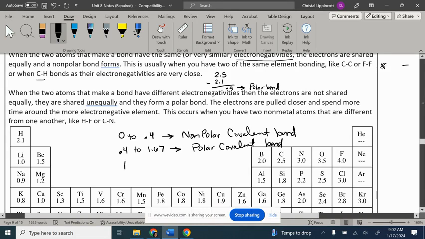And anything that's greater than 1.67 is going to be an ionic bond. The closer you get to this, the more the properties will start to act like an ionic compound.